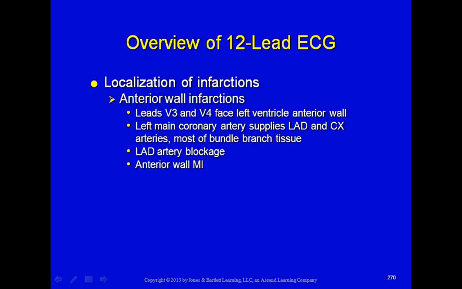If you've got elevated ST segments in V2, 3, 4, 5, that still could be just the LAD, because part of that LAD is going to wrap around where the circumflex is. But it's considered an anterior wall MI if you have elevated ST segments in V3 and V4.